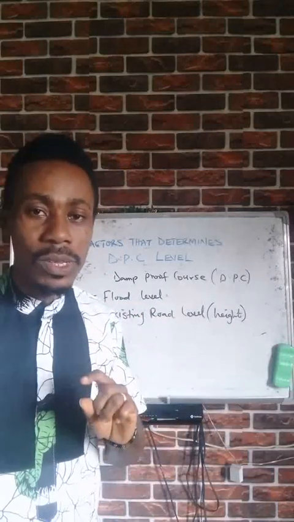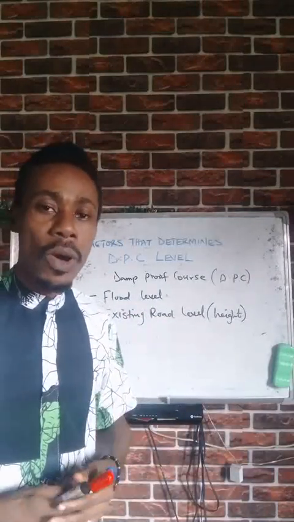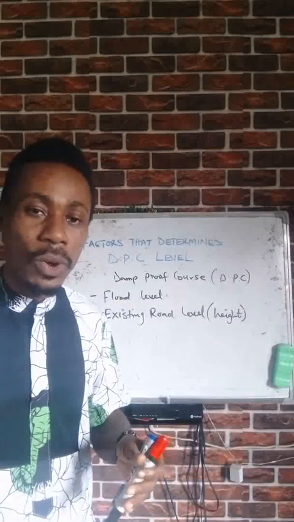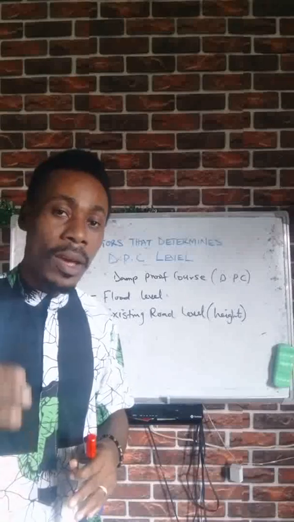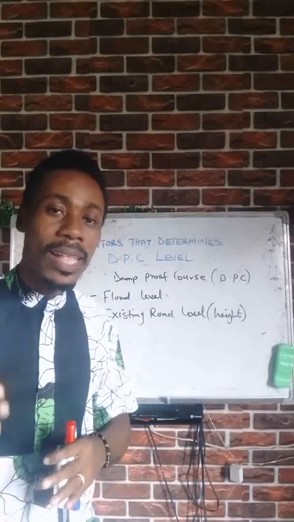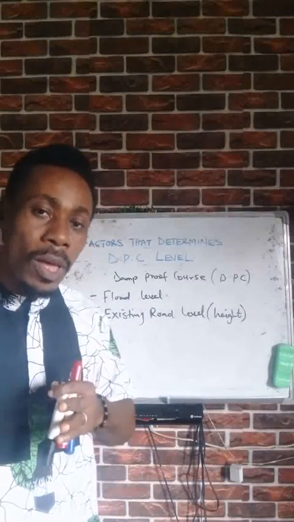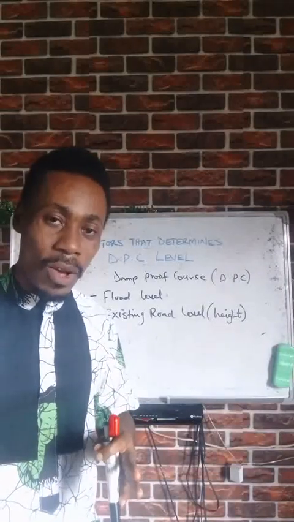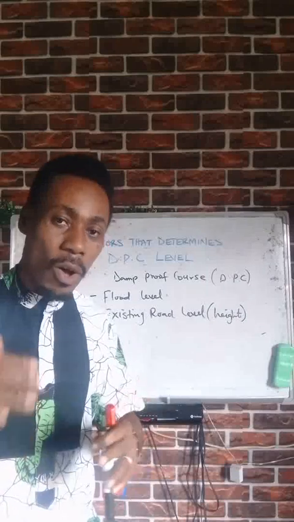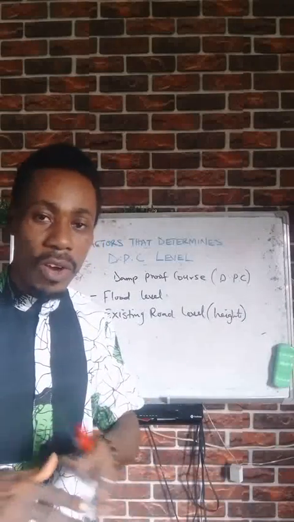the existing road, because once there is water, like we talked about in flooding, most times water tends to flow based on the height of that area. Water stagnates based on the topography of that area.